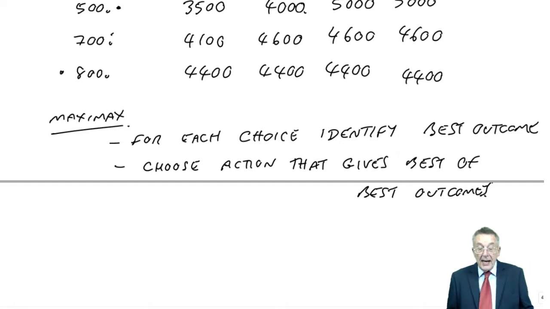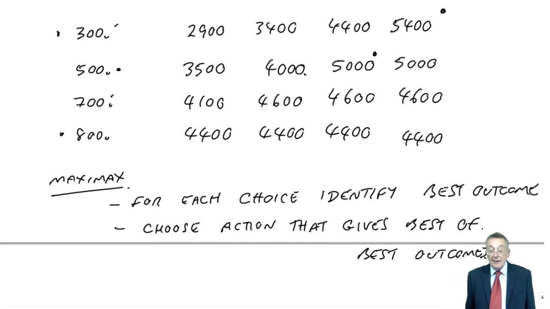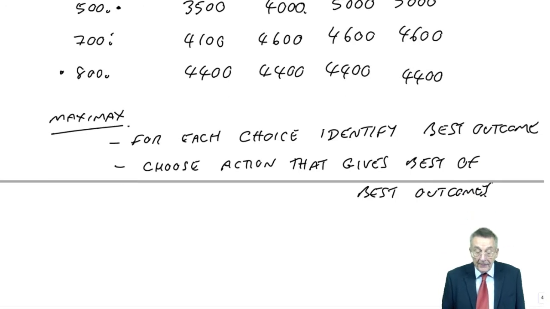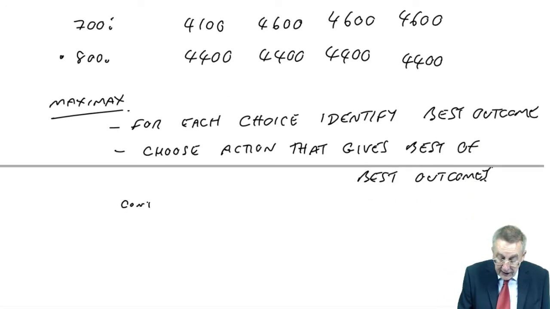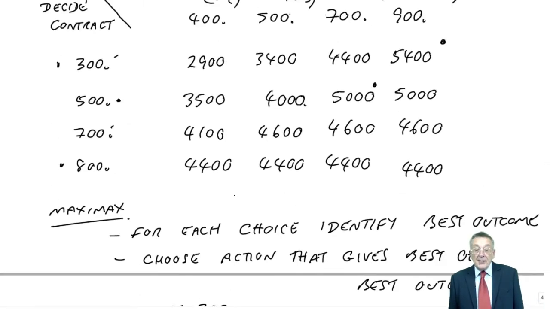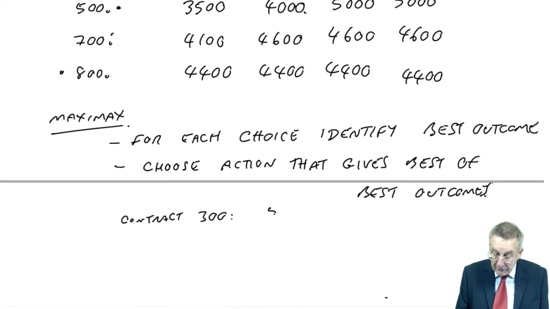So again, let's use our table. With 4 choices, remember, our decision is 300, 500, 700 or 800, the contract size. So if we contract first for 300, what's the best outcome? It's 2,900, 3,400, 4,400, 5,400. The best that we can achieve is 5,400.